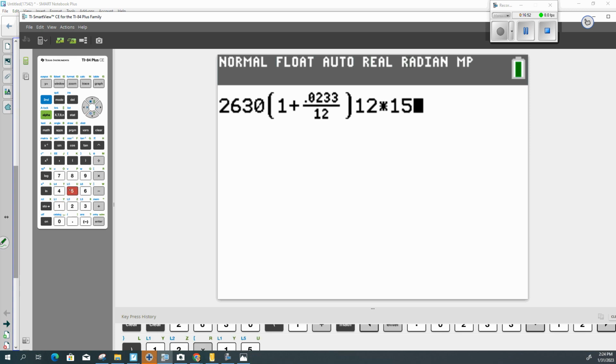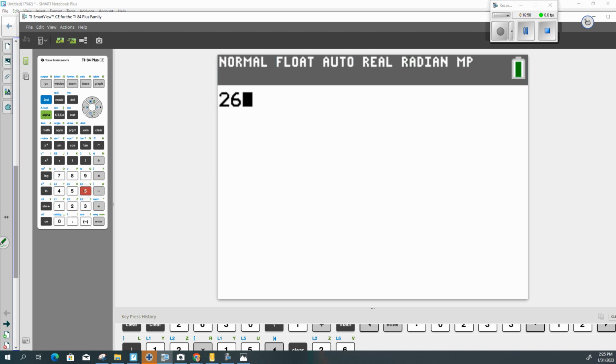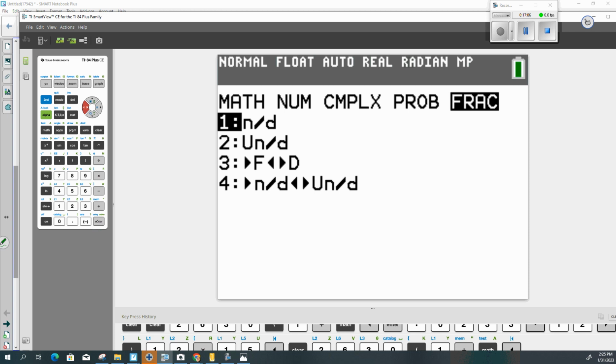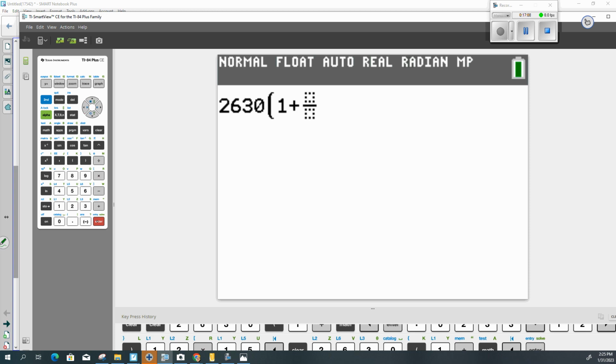Oh, no. Got to start over again. 2,630. 1 plus. Math. This definitely is quite the process.